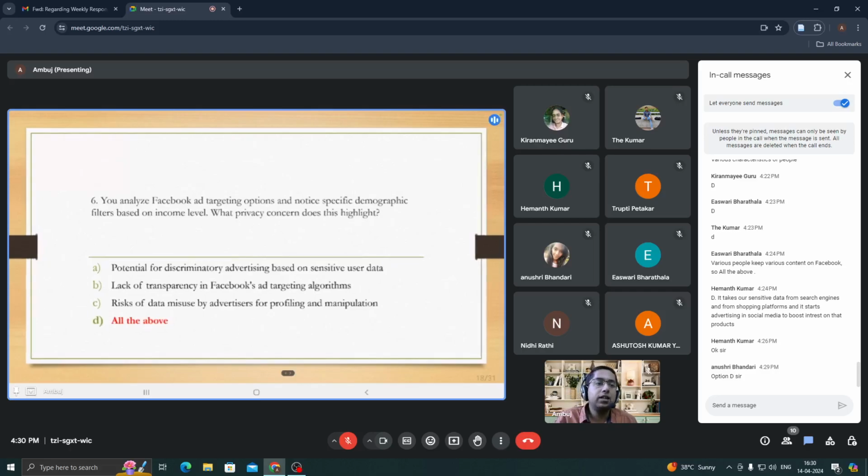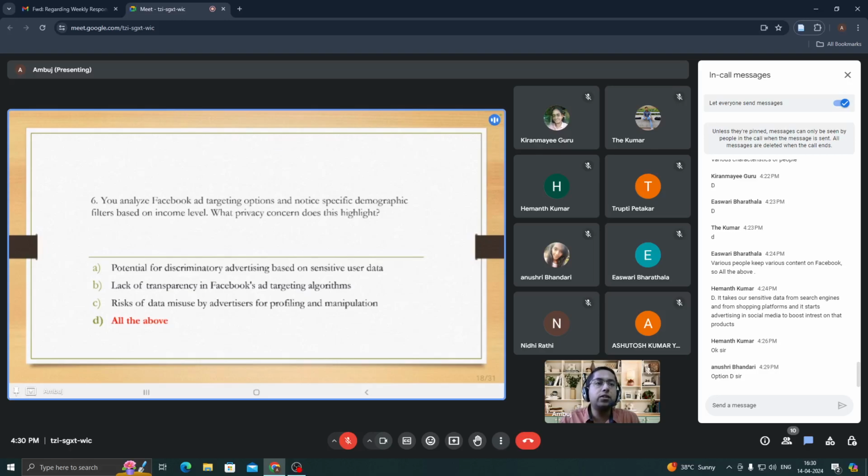D would be the correct option, all of the above. See, simple question, simple approach, not a complicated approach. You analyze Facebook ad targeting options and notice specific demographic filters. Demographic means relating to a particular population distribution. Some filter is already put on based on the income level. What privacy concern does it highlight? It highlights the potential for discriminatory advertising based on sensitive user data.